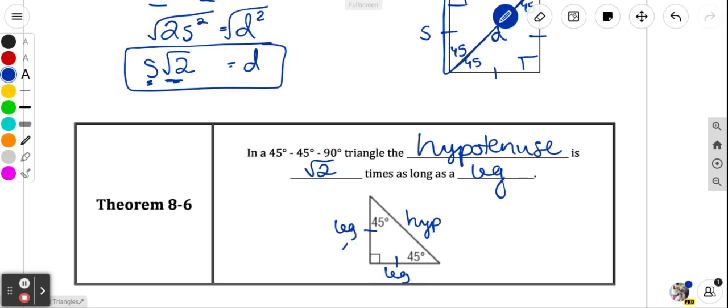I like to call the leg X and the hypotenuse X radical 2. If you're going from leg to hypotenuse, you multiply by radical 2. If you're going from hypotenuse to leg, you divide by radical 2.